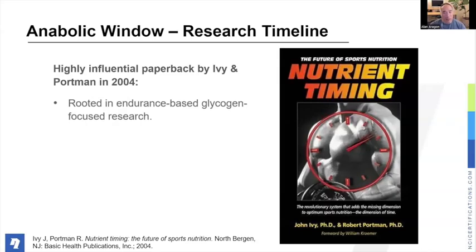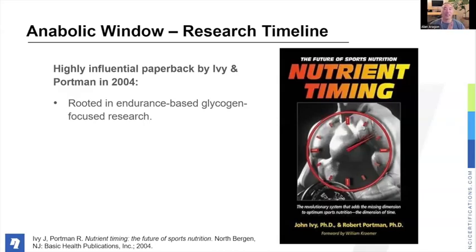It's important to realize that this was rooted in research that examined glycogen resynthesis rates when you either consumed carbohydrate immediately after glycogen depleting exercise, or whether this ingestion of carbohydrate was delayed. The delayed ingestion of carbs post glycogen depleting exercise resulted, rather unsurprisingly, in less glycogen resynthesis after a few hours post exercise.